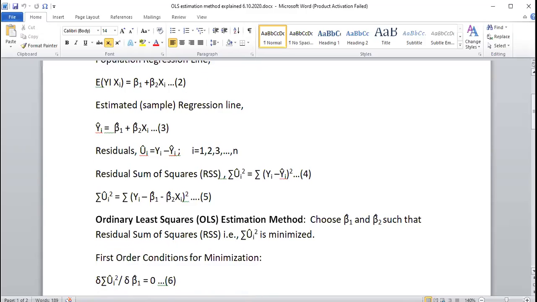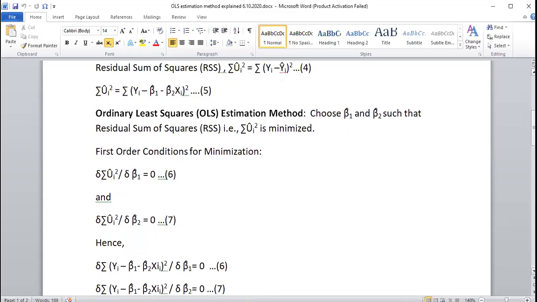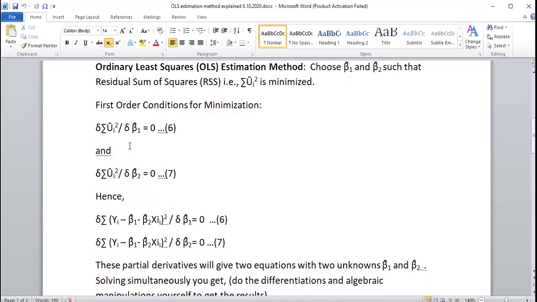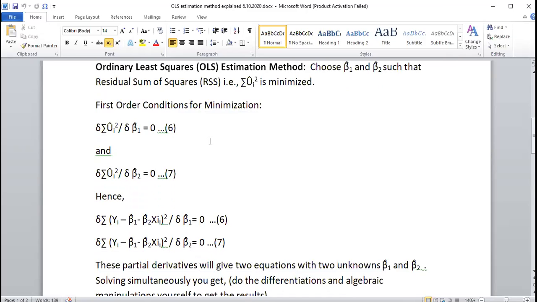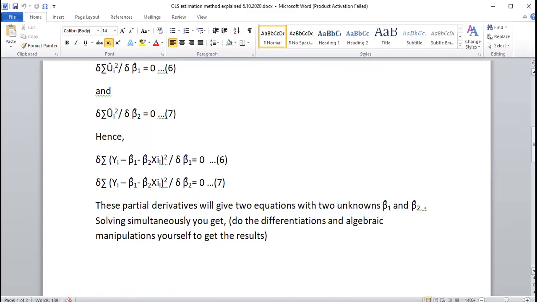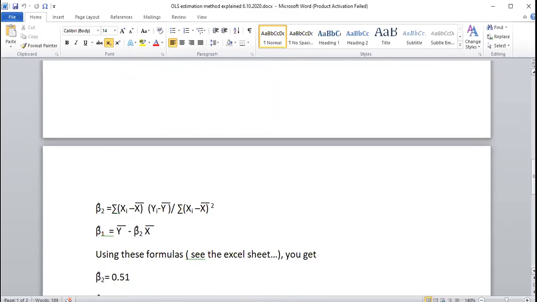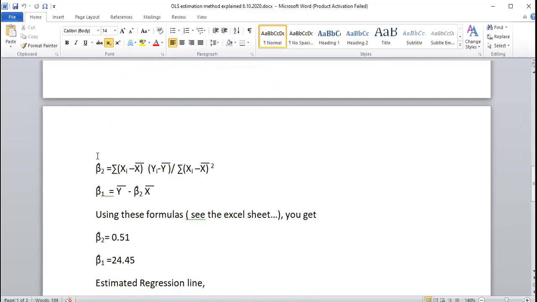For that principle you used calculus, with choice variables beta 1 hat and beta 2 hat. You differentiated the residual sum of squares with respect to beta 1 hat and beta 2 hat to end up with these two equations, the normal equations of OLS. And from those two equations, by simultaneously solving them, you find beta 1 hat and beta 2 hat.